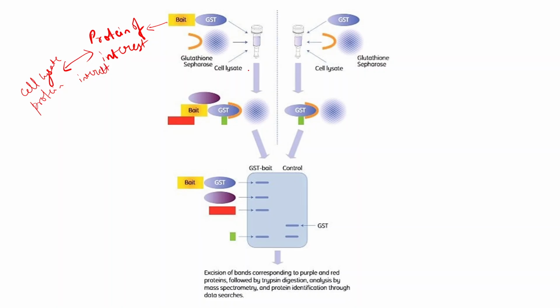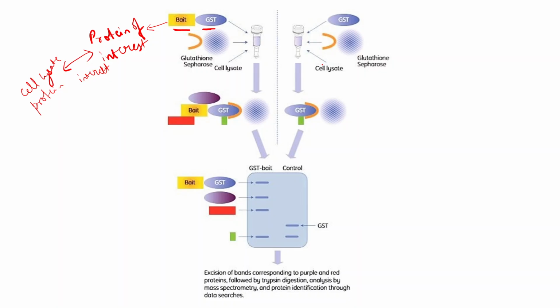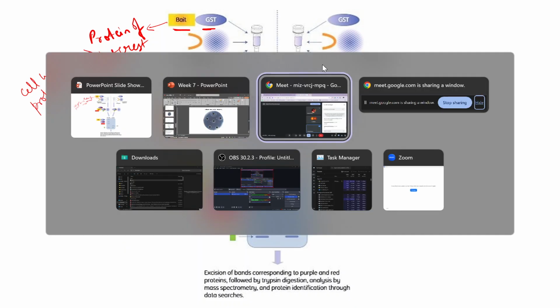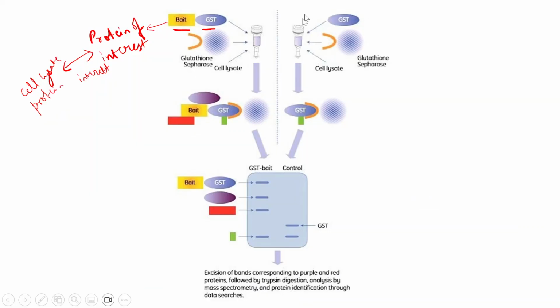So now we'll take beads with the GST with the bait attached to it, and we'll take control GST beads, without the bait, to check whether there is any non-specific binding with the GST itself.